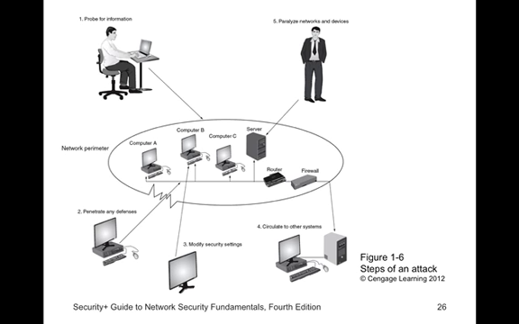So here we have a nice diagram. It shows 1, the person's probing for information. 2, we penetrate the defenses. We found a hole in the vulnerability in their systems. We modify a computer so we can take advantage of that computer and now use it. This is kind of how the Target attack, from what I've read, has been done. It's actually been going on for about a year now.